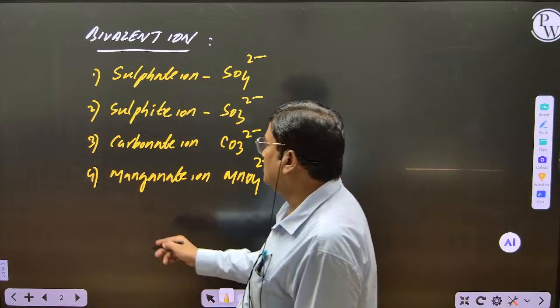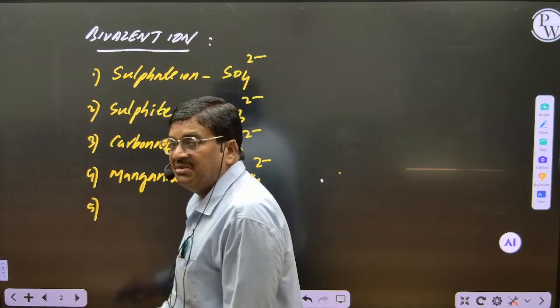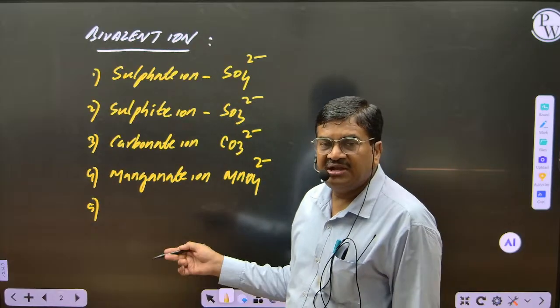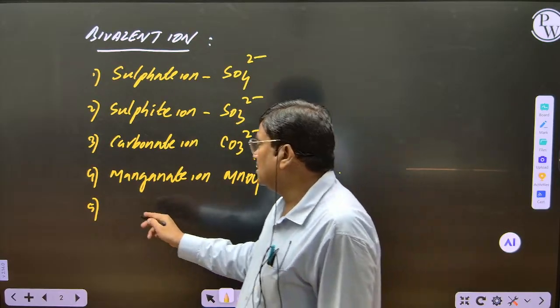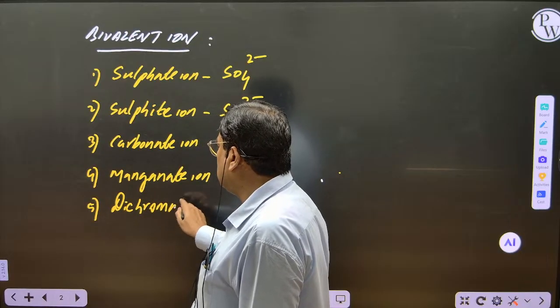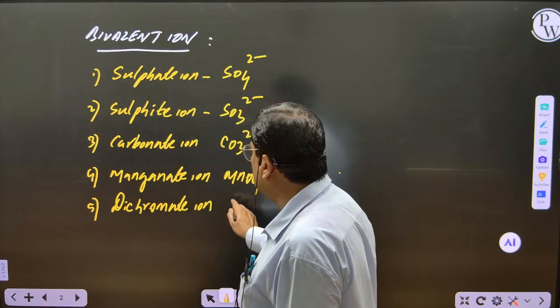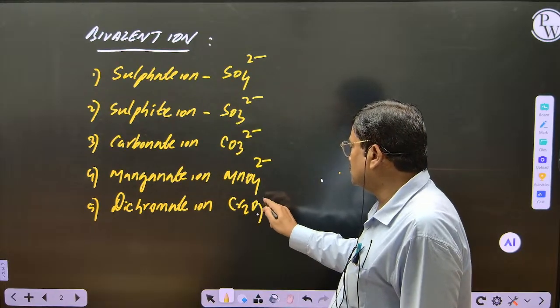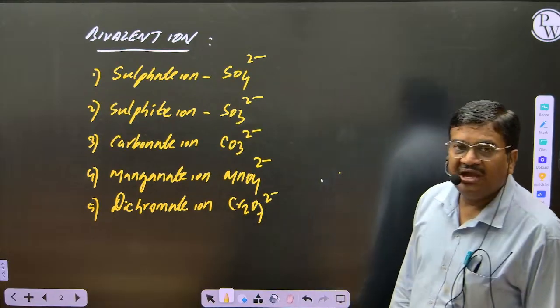Dichromate ion. You know, potassium dichromate, K2Cr2O7. Later you study oxidizing agents. Dichromate ion is Cr2O7 2 minus.